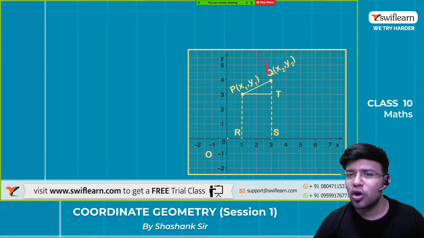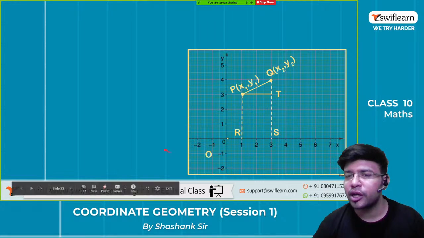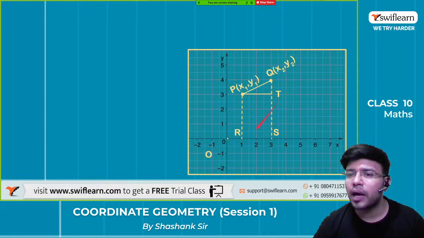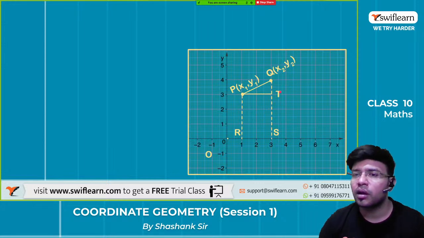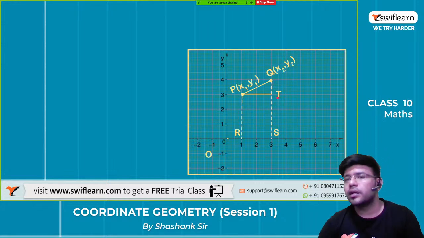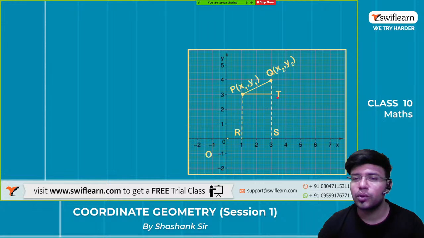Draw two dotted lines perpendicular to the x-axis, PR and QS. And draw line PT parallel to RS, which intersects QS at T. This is the first thing we need to write.